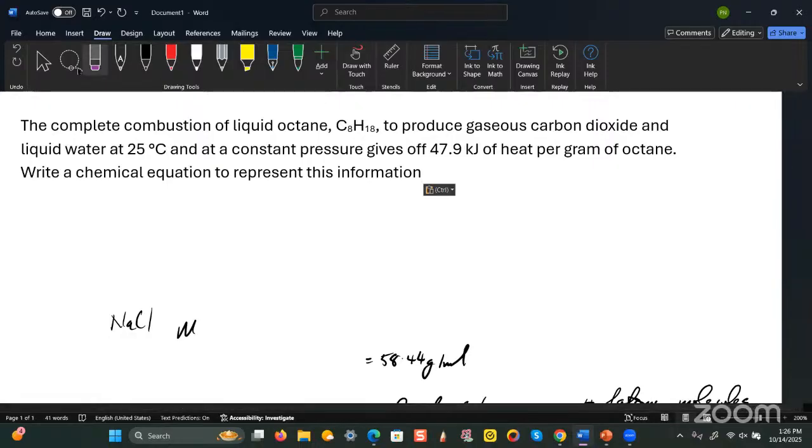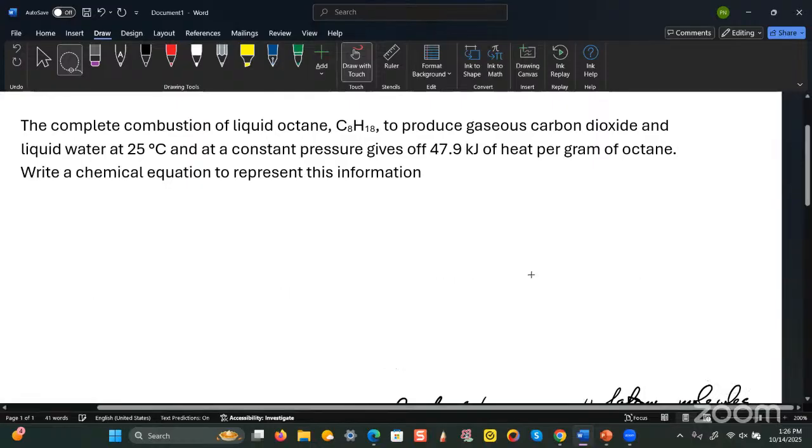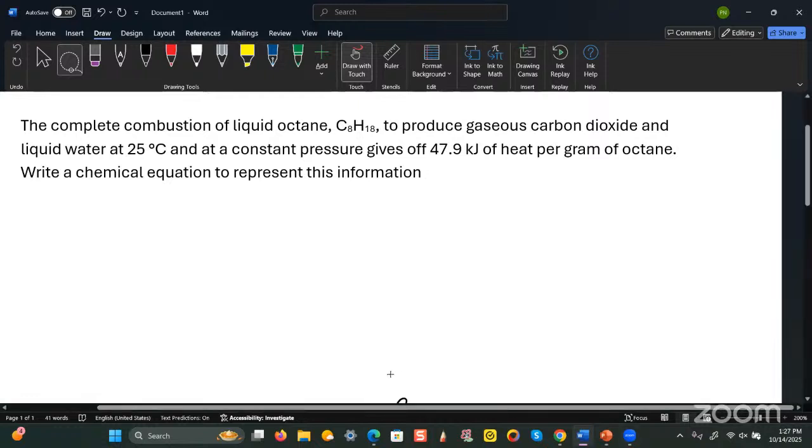Okay, now let me just say that to be fair to you guys, what the question is asking for is not just the equation. I don't think this question was written very clearly. So it's not just the equation it's asking for, it's also asking for the delta H value associated with the balanced equation, right? Now, that brings us to the question, what is the equation?